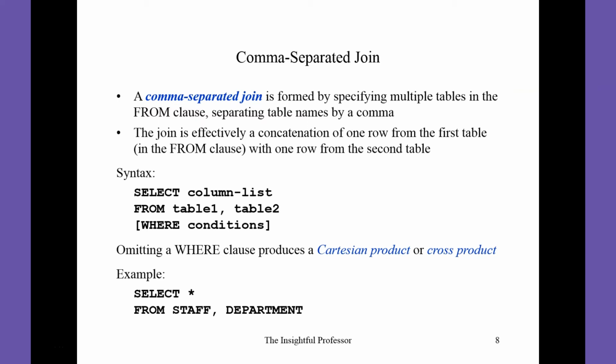So if we formulate the join as shown in this example, simply selecting all of the columns from staff, which is joined with department, but not expressing a condition in the where clause, we're going to get quite a bit of data. Producing a cross product or Cartesian product in this manner is usually the result of an oversight on the part of the query author.